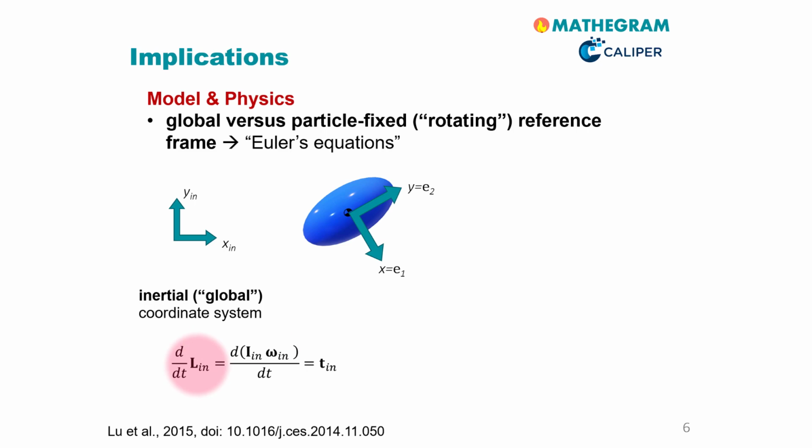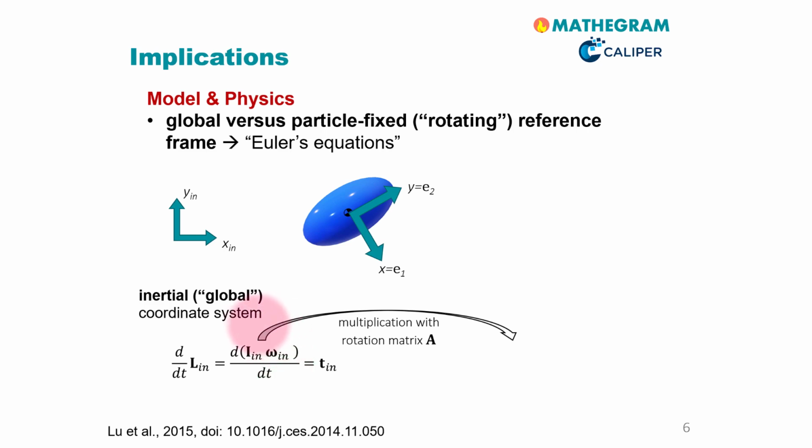It's important here that this angular momentum L and this moment of inertia tensor in, as well as the angular velocity, is all defined in the global coordinate system. We have not used the indices before because for a spherical DEM-based simulations we don't need these indexes.